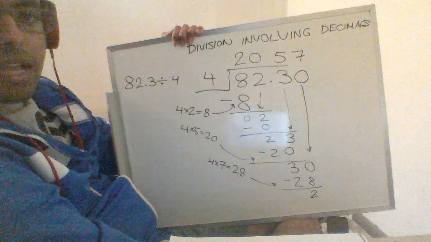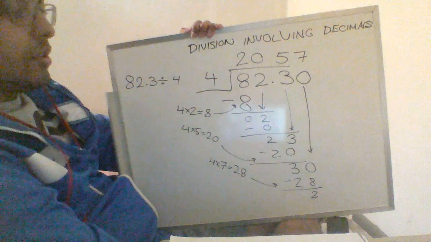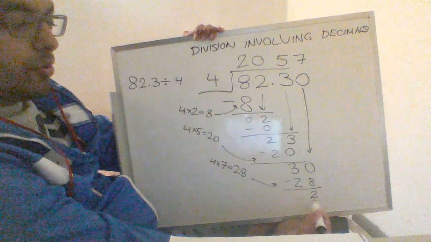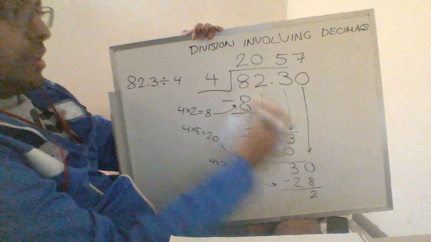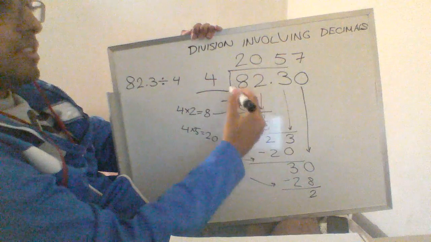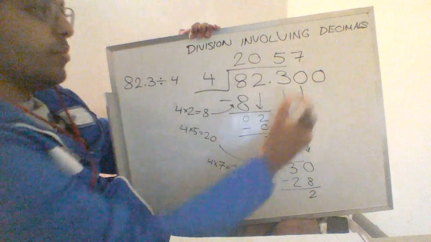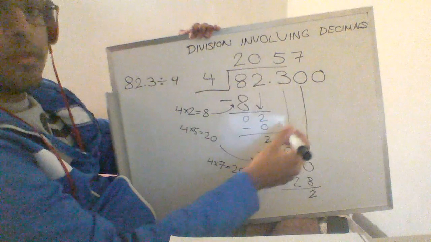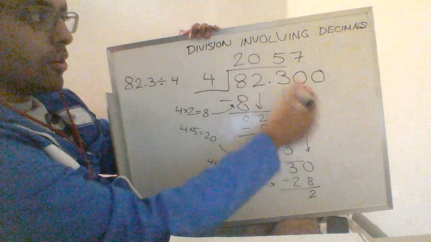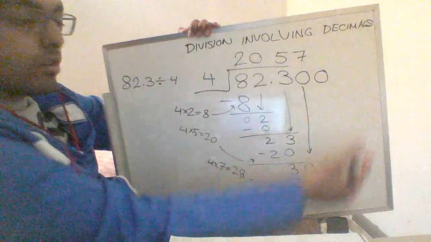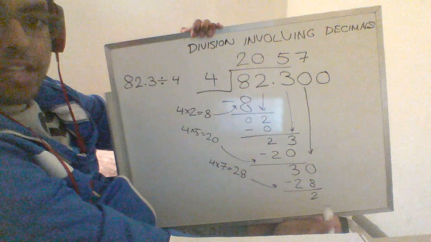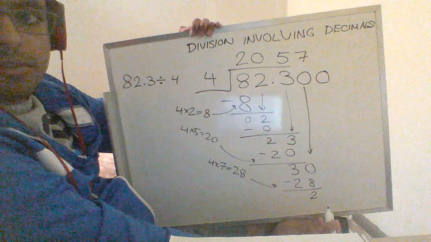And now we've got one last step. I'm just going to sneak it in here. So once again, we've got a 2 down here, but if 82.3 is the same as 82.30, then it's also the same as 82.300. So I can throw in that extra 0, and I can basically keep throwing zeros until I get an answer of 0 down here when I finish the subtraction.